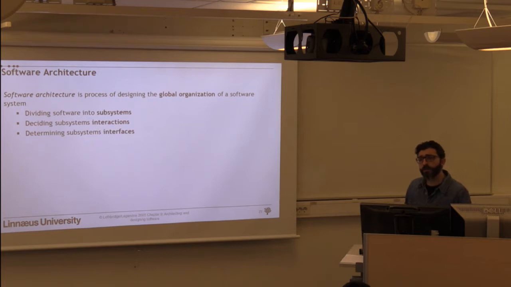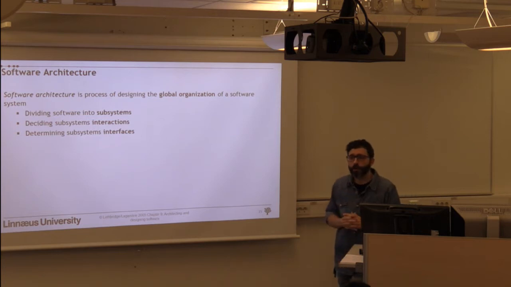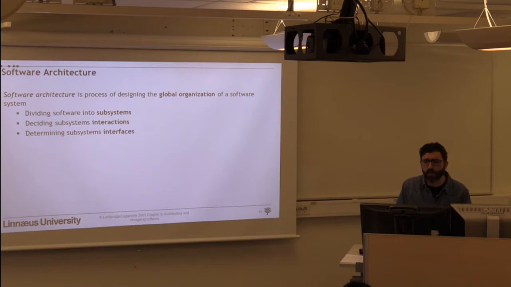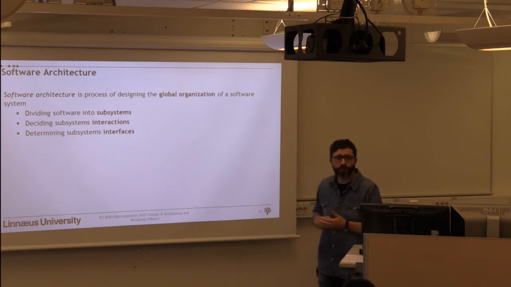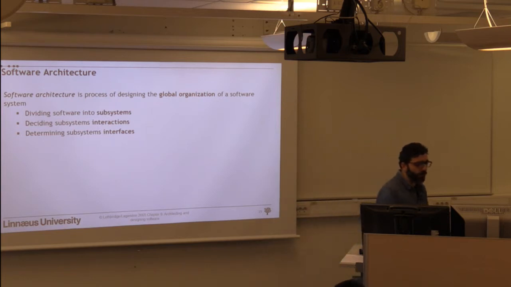We also discussed last lecture that information hiding is a key concept for having a good design. All the interactions between subsystems should take place through interfaces. Never access internal attributes, internal data, or internal mechanisms of the subsystem.